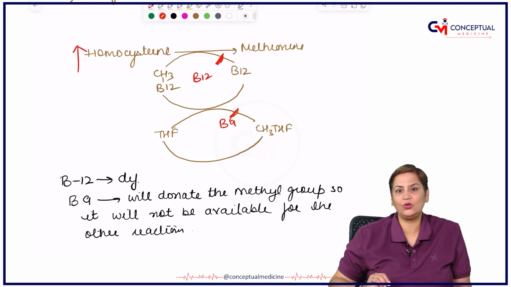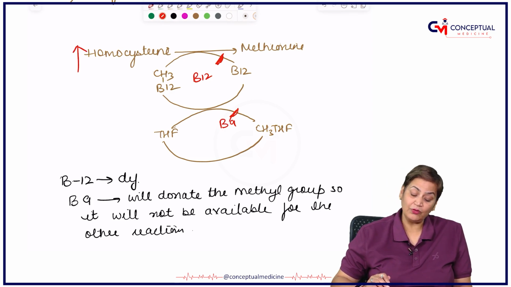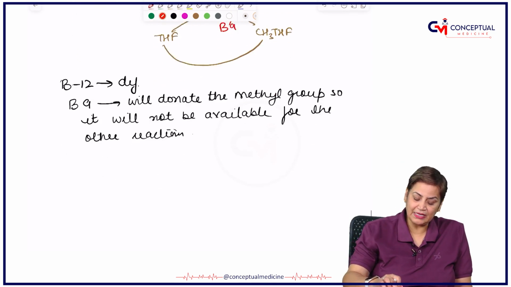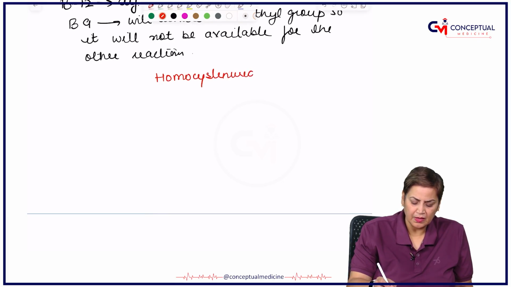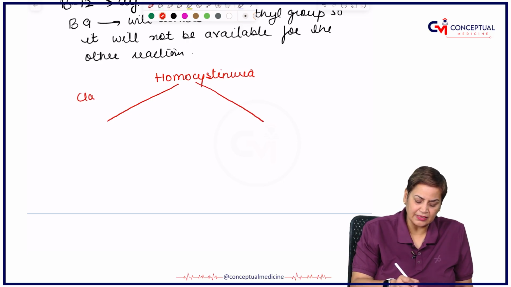Homocysteinuria can be of two types here: classic and non-classic.